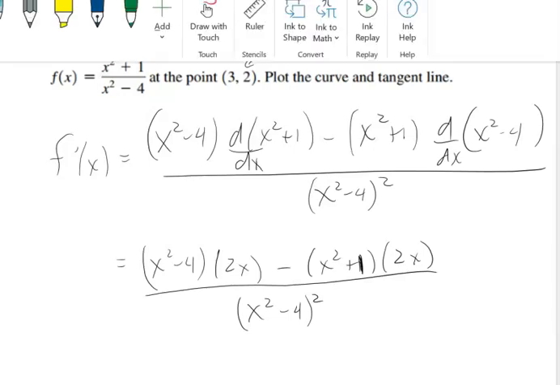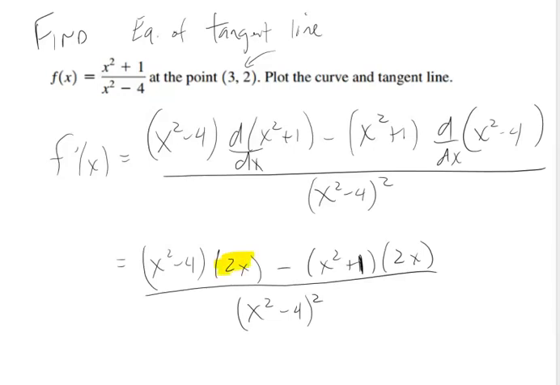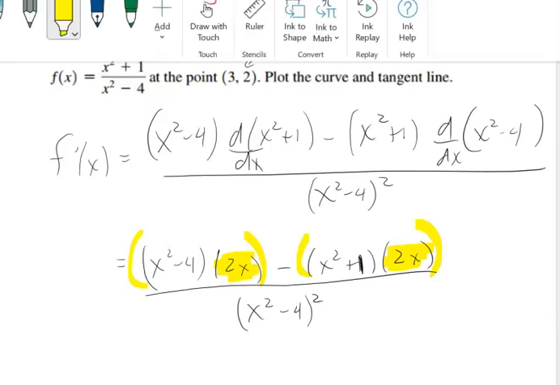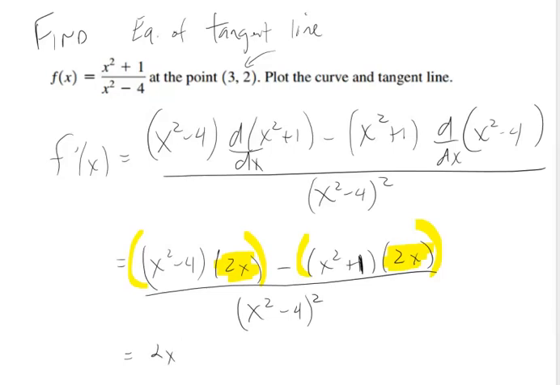Think about your numerator. Let's talk about algebra for a second. What I did in the last problem was multiply this through, and you can do that. But look at this 2x that's common to these two terms. Here's an algebra trick you can do: factor out the common factor of 2x. And what does that leave you with? Leaves you with that. And then minus this thing, which you'd have to distribute the negative.